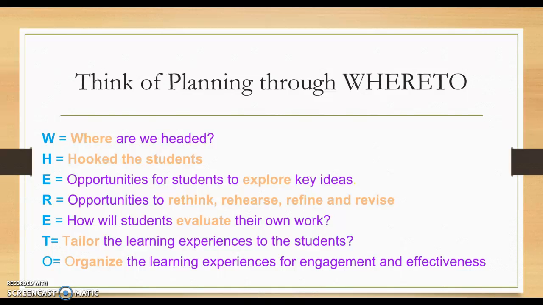Where are the students headed? Where are you trying to take them? So when you're talking about a unit of instruction, like the Civil War in general, what are those specific things along the way that students need to know so that they can get this learning achieved? And that's really where your learning target comes into play.